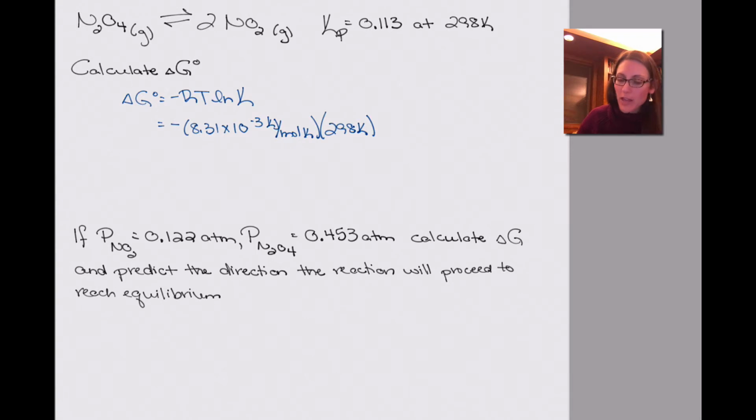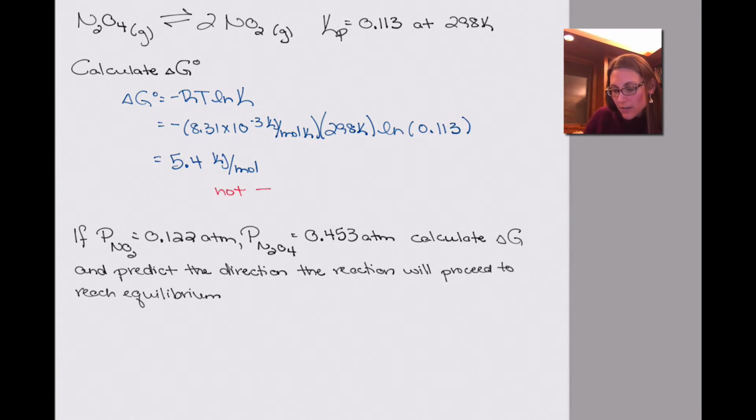And then we'll take our natural log of 0.113. And so this is 5.4 kilojoules per mole. And so this process is not thermodynamically favorable as written in that forward direction, in that the products are not going to be favored at equilibrium.